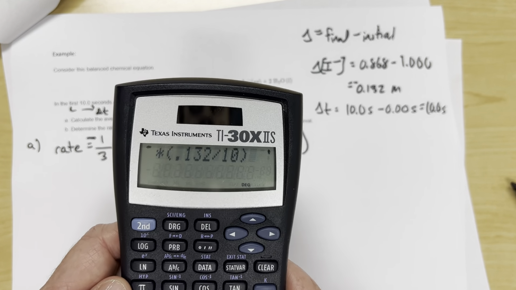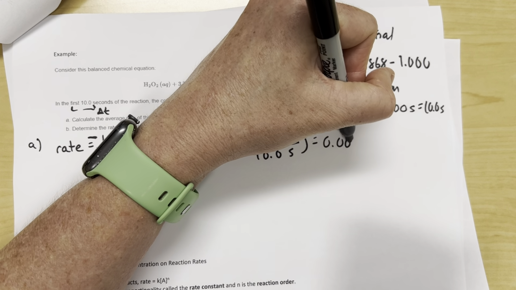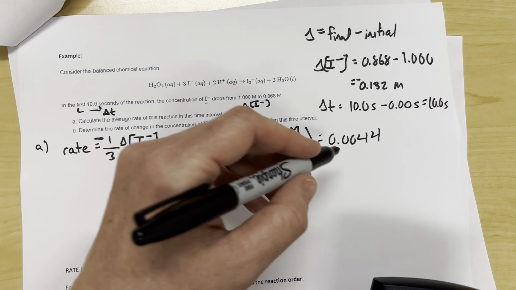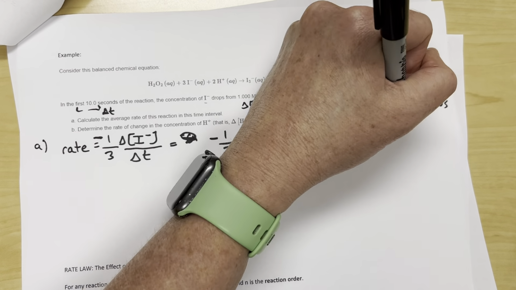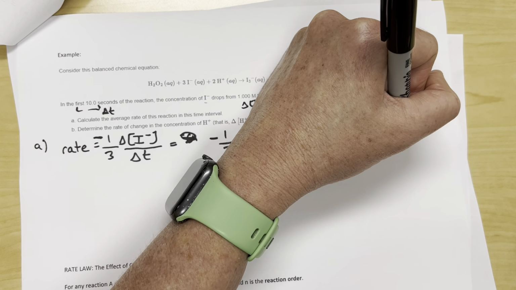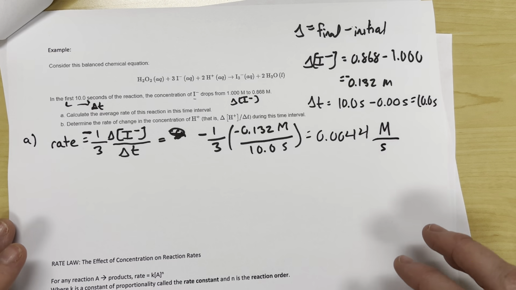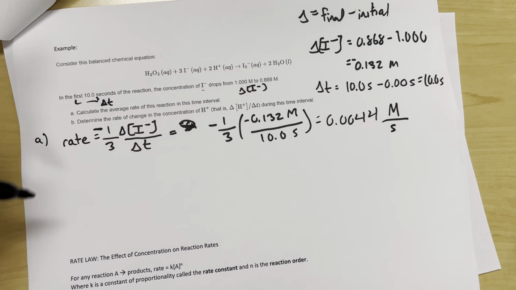I know that those negative signs are going to cancel each other out. A negative times negative is always a positive. So I get positive 0.0044 mole per liter per second, big M per S. Okay, so this is going to be our rate at that time interval.